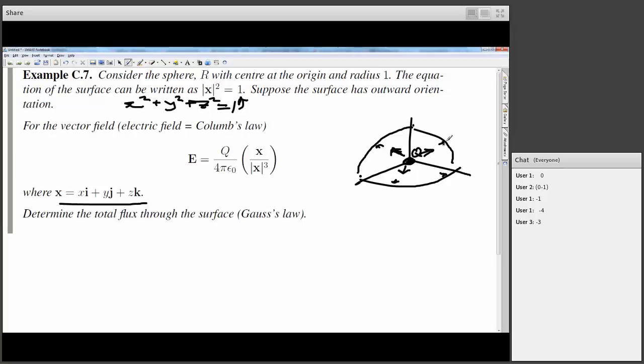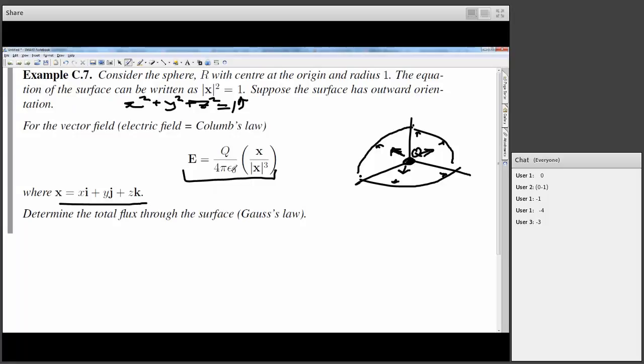And this is what the vector field is. Q is the charge. You know what pi is. This epsilon 0 is the permittivity of free space, which is some special constant from physics. So it really is just some special constant from physics.